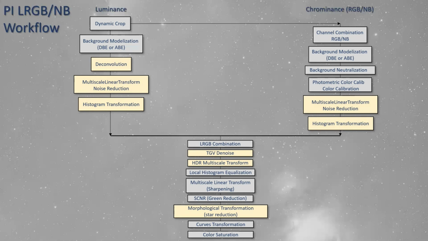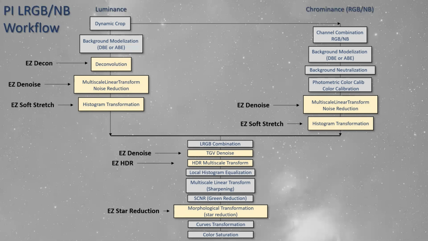If you map those scripts to these steps, obviously you can see where the deconvolution one fits. I use the Denoise, the noise reduction one, in place of those steps in several places. You can see where the stretch comes in, and down where you start doing the HDR multi-scale stuff, you can use that EZ HDR step.